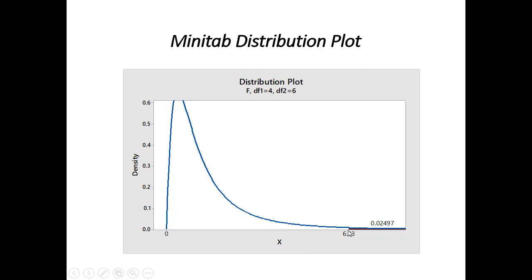The shaded area to the right represents the probability, and I have rounded off here. You see we would get 0.025. So again, these values and use of the F distribution we won't see again until we get to chapter 9, but when we want to test to see if 2 variances are equal, it will be based on the F distribution.